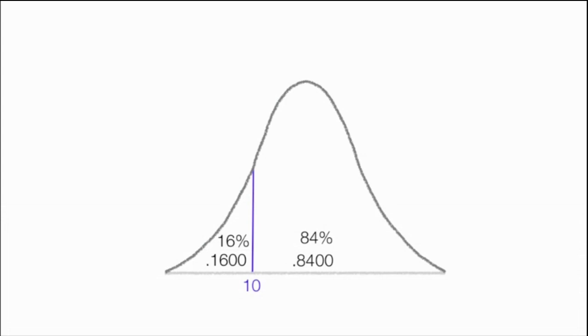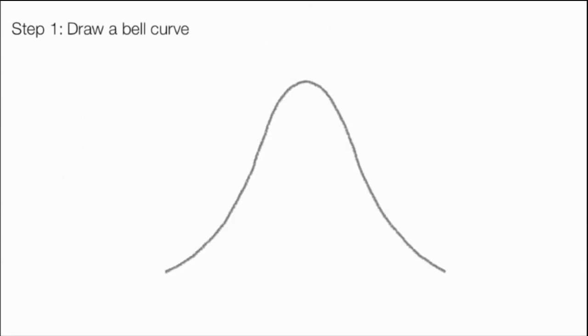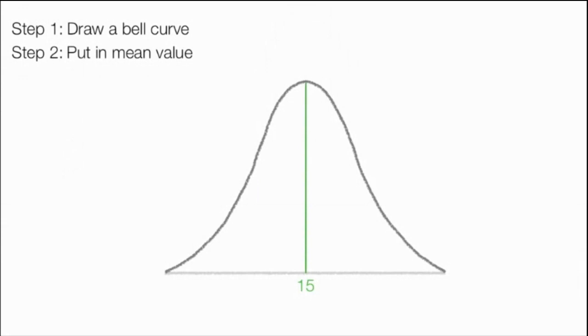So let me summarize for you and walk through the steps that I did. Step 1 is draw a bell curve. This is very useful. Step 2, put in the mean value. In our case, it was 15 right in the middle. Step 3, put in the observation, which in our case was 10.